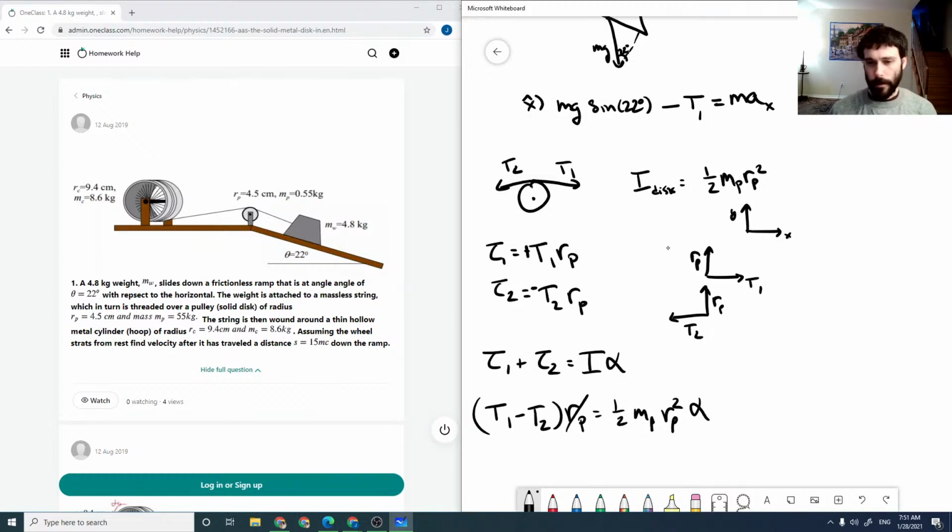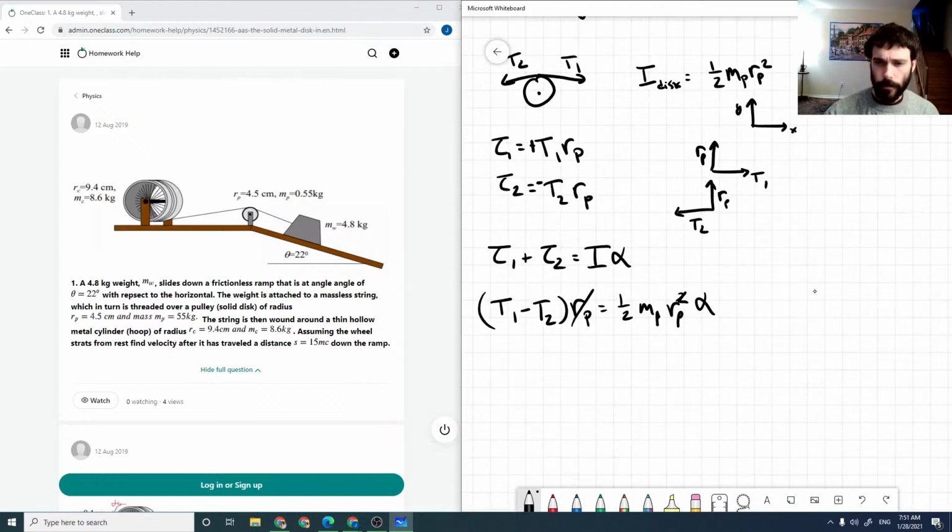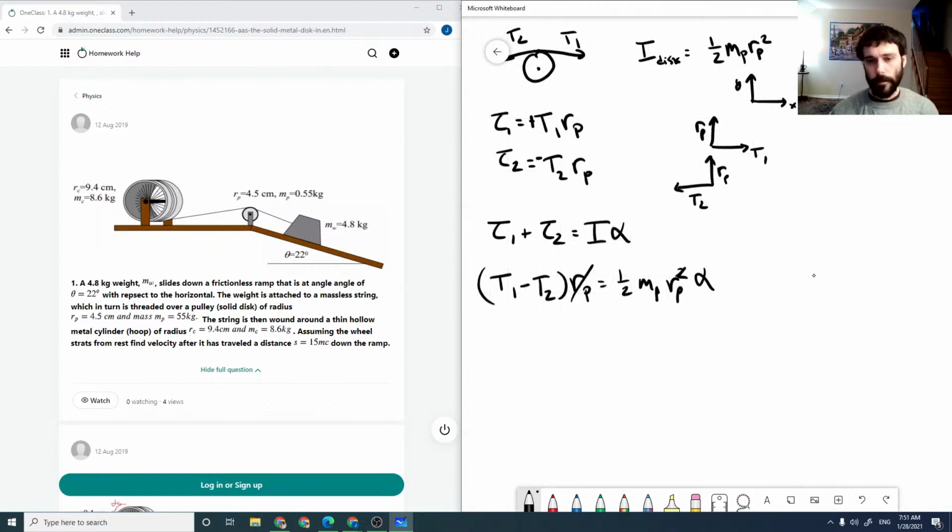We can cancel one of these RPs and say that T1 minus T2 is 1/2 MP RP alpha. So alpha is our acceleration over r, sorry.